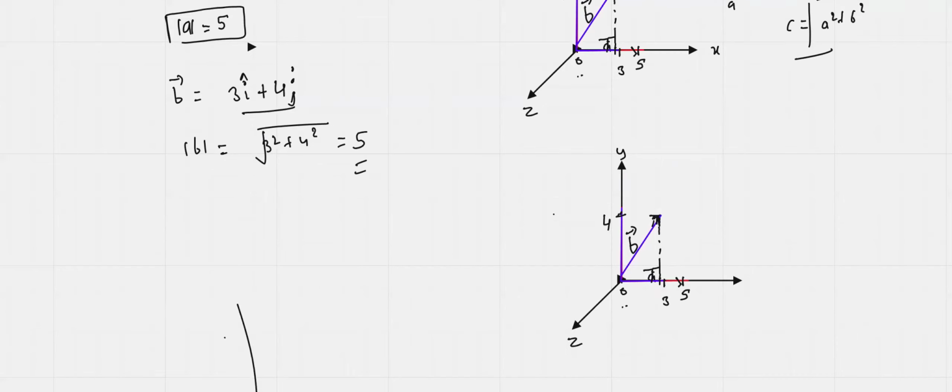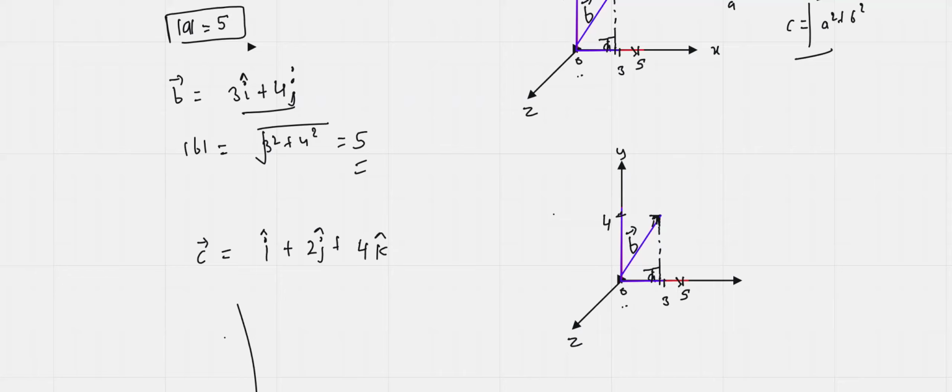Now another vector, let's say C. Let's take three components whose squares sum to a perfect square. Assume one vector is 1 i cap plus 2 j cap plus 4 k cap.